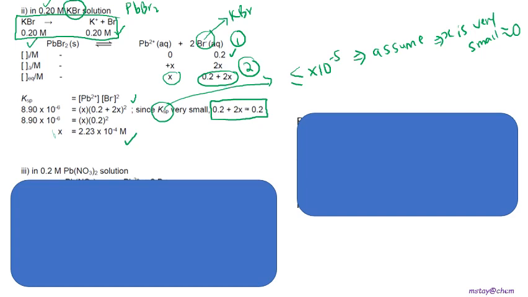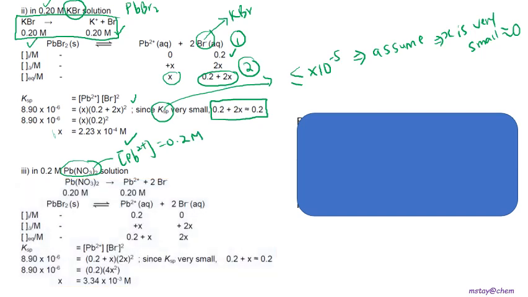A similar method will be done for part 3, where this time lead nitrate is going to dissociate completely. So the concentration of Pb2+ is equal to 0.2 molar. And then we also write the equation for the PbBr2, and then we have the ICE table.